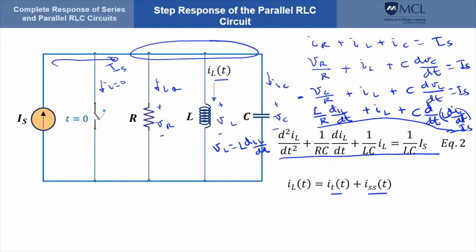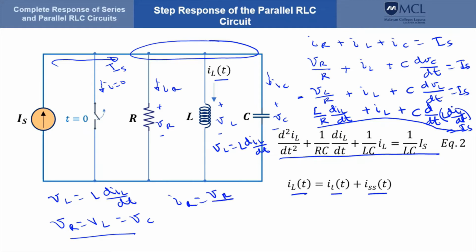So after getting I sub L, we can therefore compute for V sub L, which is L dIL over dt, and V sub R is equal to V sub L, which is also equal to V sub C. And once we get these voltages, we can compute for I sub R because this is V sub R over R, and I sub C is C dVc over dt.